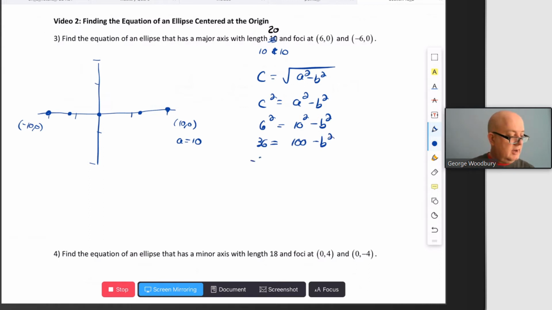Subtract 100. Negative 64 equals negative b squared. Multiply by negative 1, 64 equals b squared. Take the square root of both sides, b equals 8.